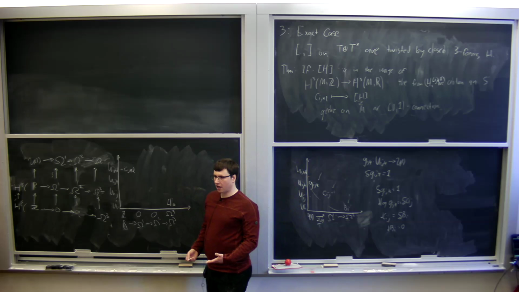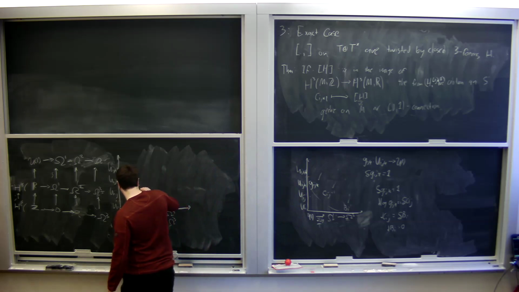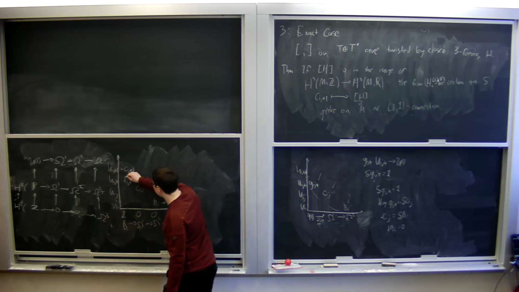So that means we can find a primitive for this thing. That primitive I'm just going to call the same thing: a Bi there, Cij there, and an Fijk there.